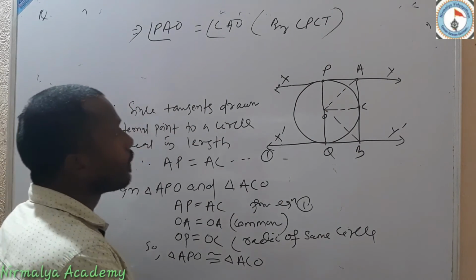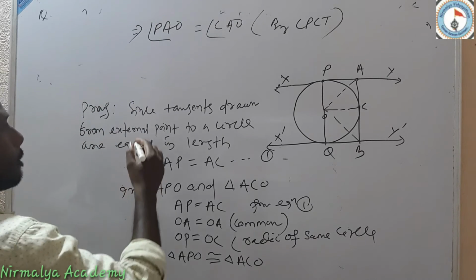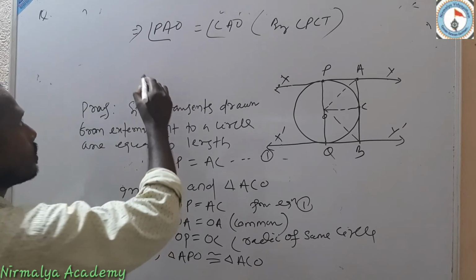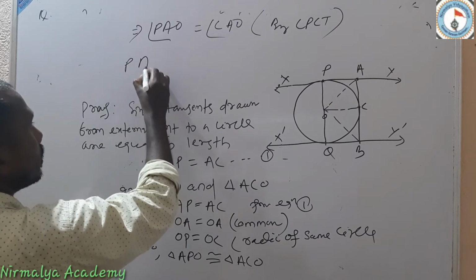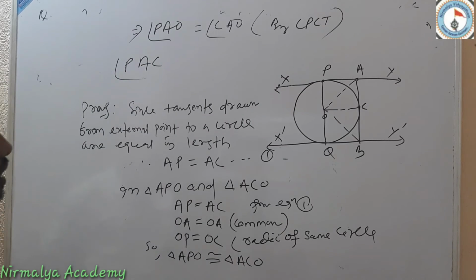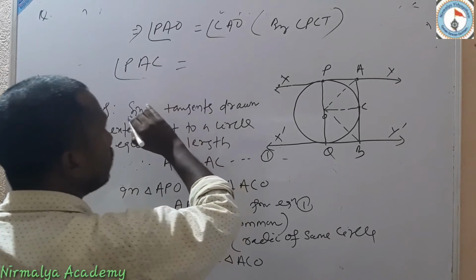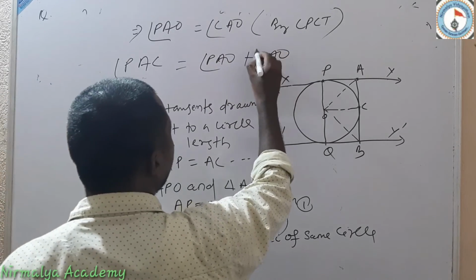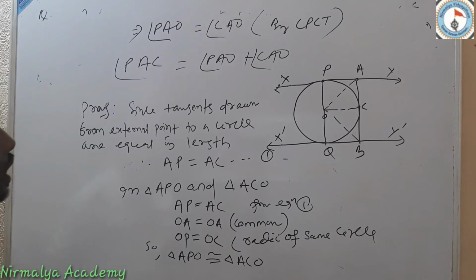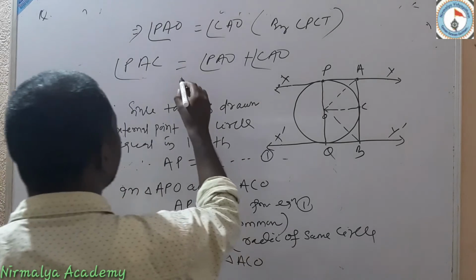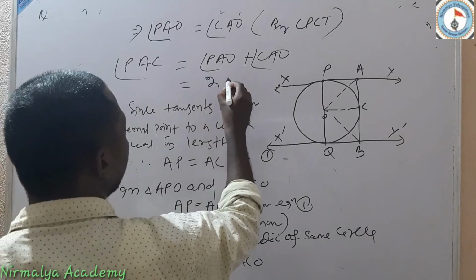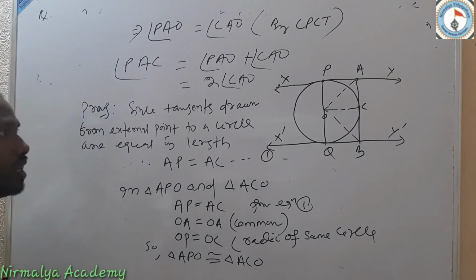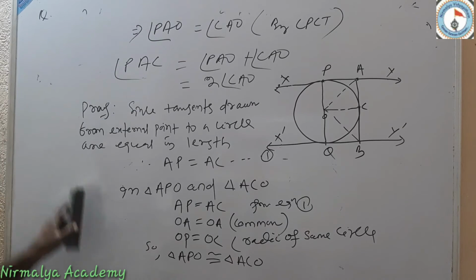So now angle PAC equal angle PAO plus angle CAO. But PAO and CAO are equal in measure, so it can be written as 2 into CAO. So angle PAC can be written as 2 CAO.